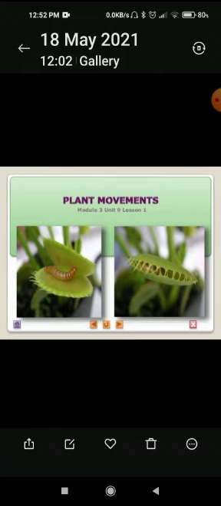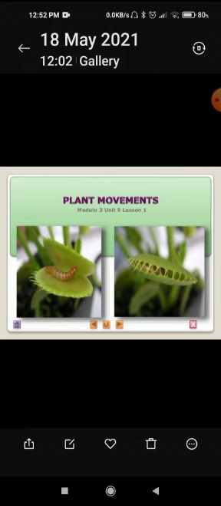Like you can see, the leaves are open to capture the insect, and in the second part of the picture the leaves close their mouth because the insect has been captured in this movement.